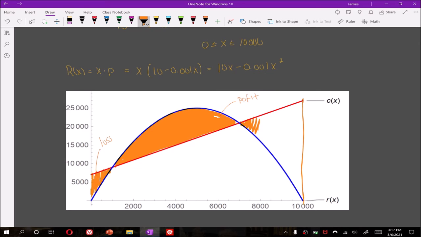We cut off at 10,000, so this entire thing over here, I'm not going to worry about coloring all in, is also representing a loss. So the only time that it's profitable is within this region right here.